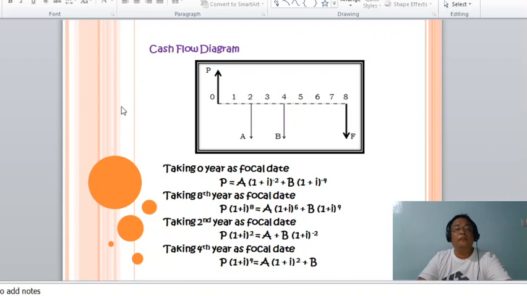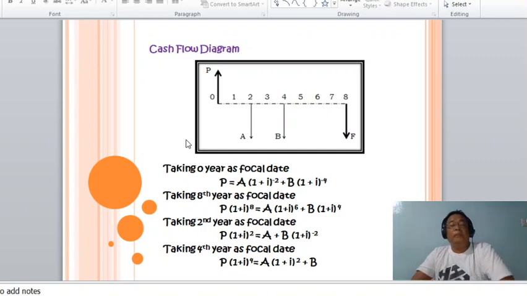If the present year is to be considered, of course, the exponent will become negative. And if we consider the future year, we change the negative value to a positive value. Plus B from year 4 towards point 0, which is B multiplied by the factor (1+i) raised to negative 4.